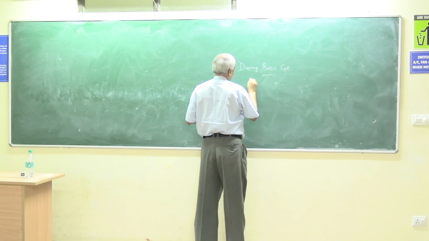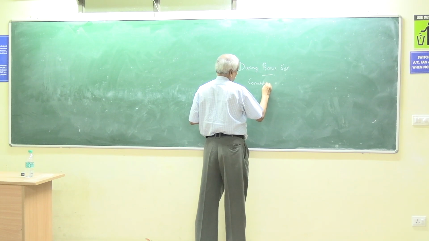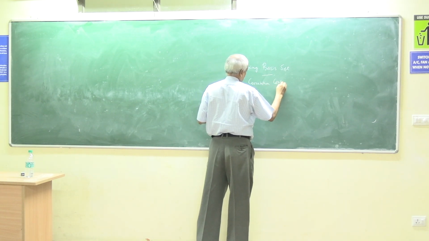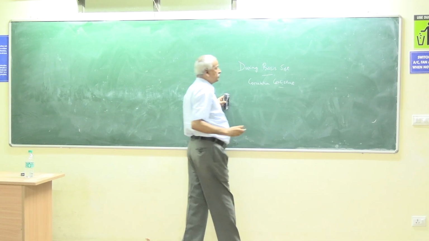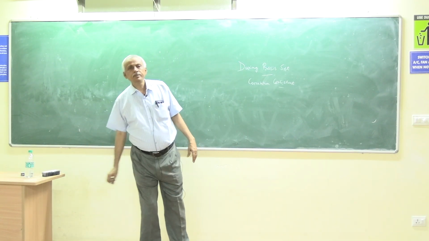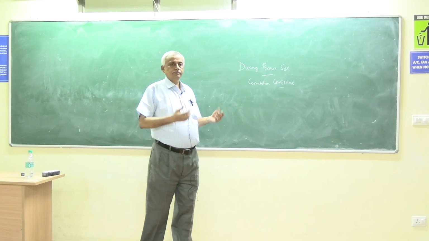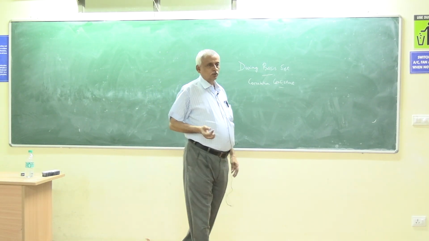This is called correlation consistent basis set. Correlation consistent means if you add them, some amount of correlation energy will be added automatically.